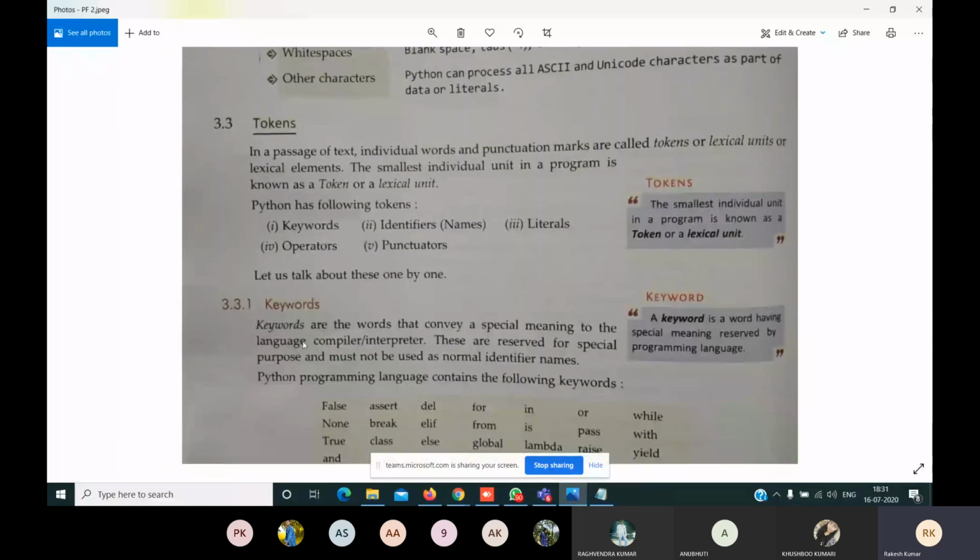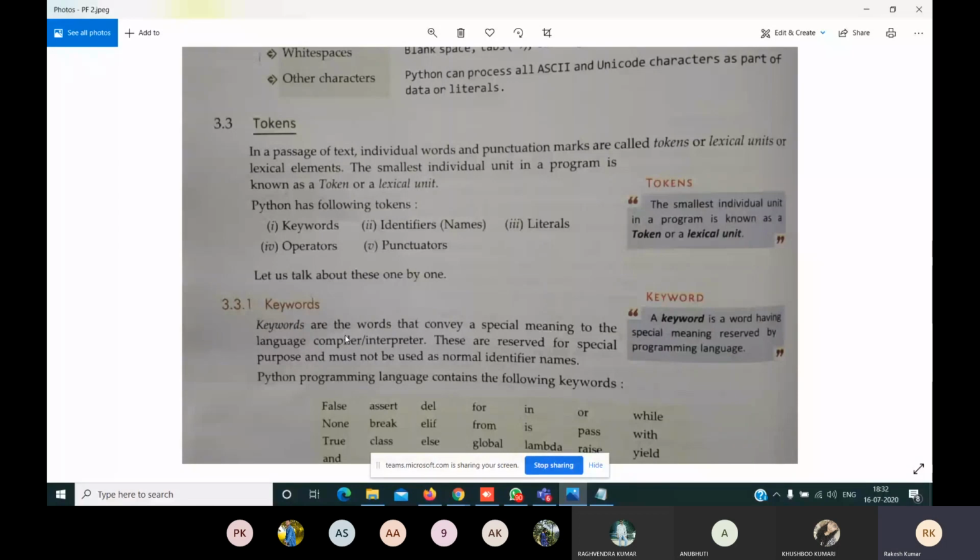Then first of all, keywords. What are keywords? Keywords are the words that convey a special meaning to the language compiler. They are also called reserved words, special words. Let's suppose that when you write "is" in a sentence, it has a special meaning in the sentence. When you write "are", a special meaning.